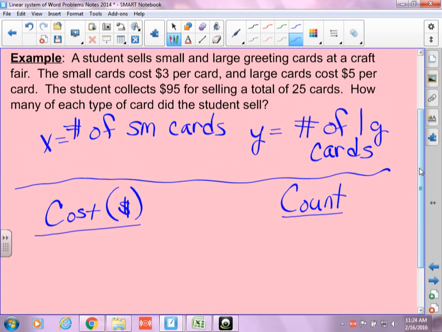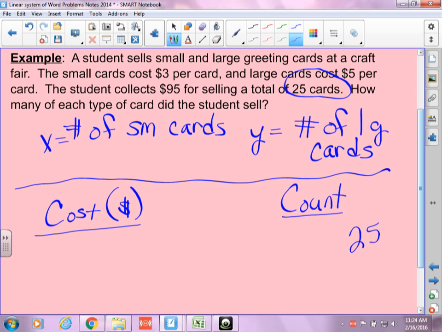How many cards do I have? 25. It says it right here. So I'm going to go 25. Okay, if I wanted to find the number of students in the class, I could count the number of boys and the number of girls, and I would add them together, right?